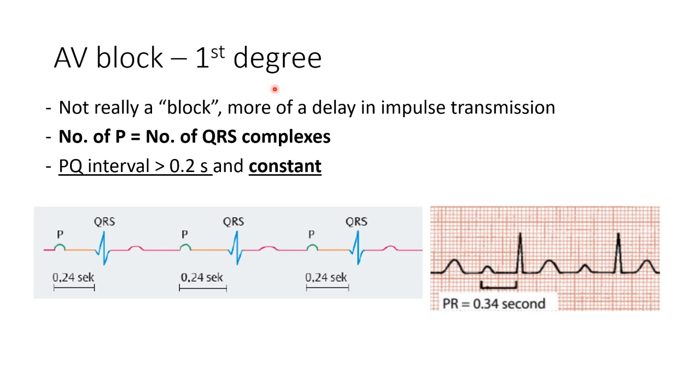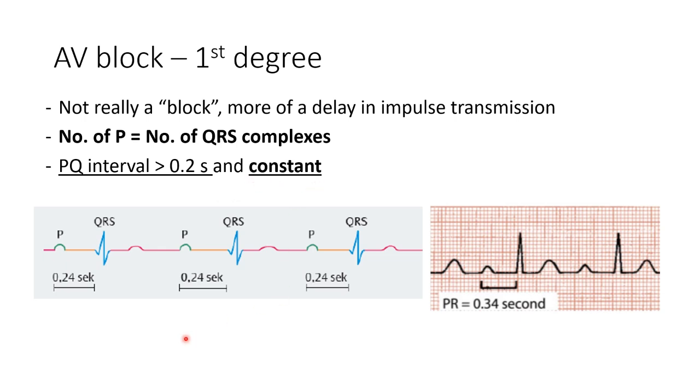So how does this look on the ECG? You'll have the same number of P and QRS complexes. That means that there are no beats dropped or anything like that that we see in the coming AV blocks. And the PQ interval is prolonged, of course, and it is also constant. That is important to note.